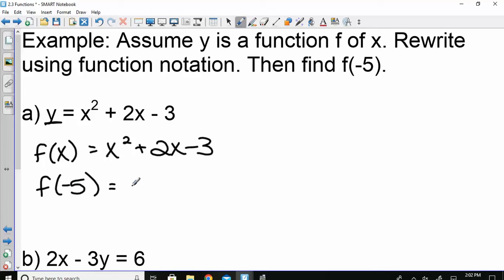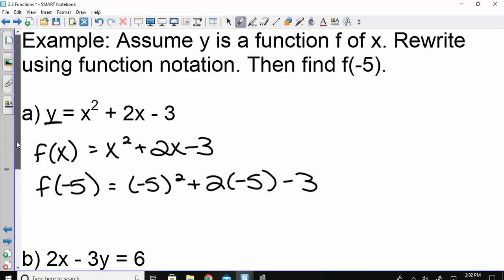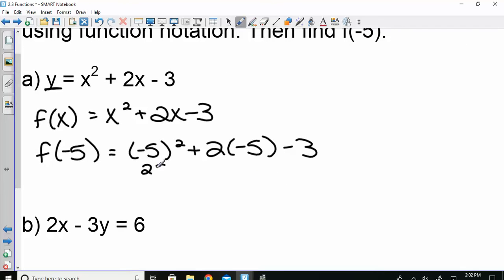What does that mean? So -5 squared is 25. 2 times -5 is -10, minus 3. 25 minus 10 is 15, minus 3.